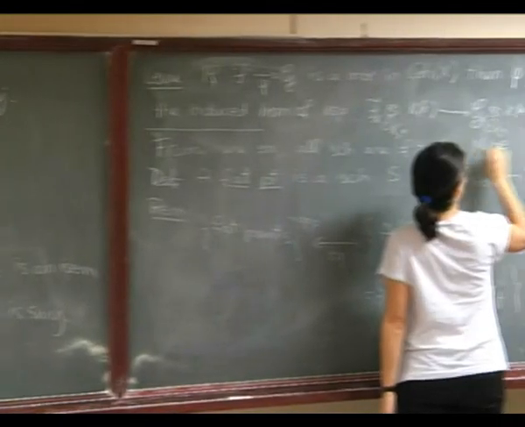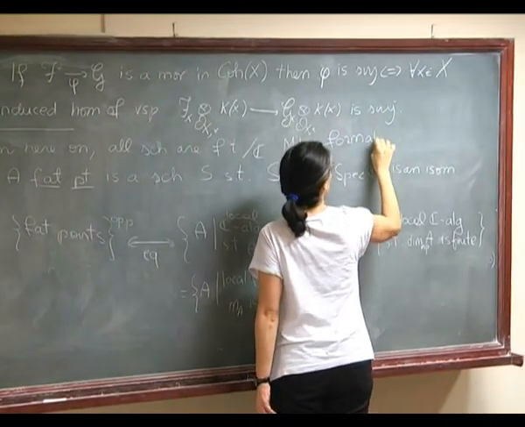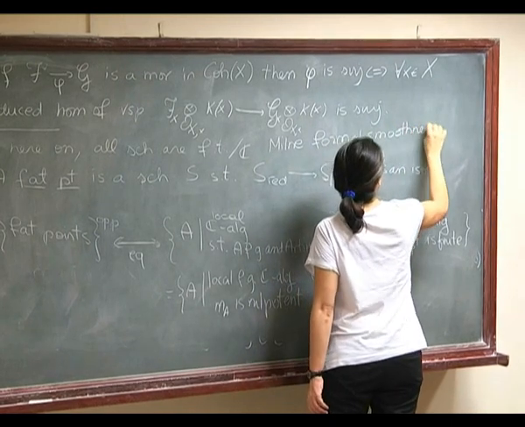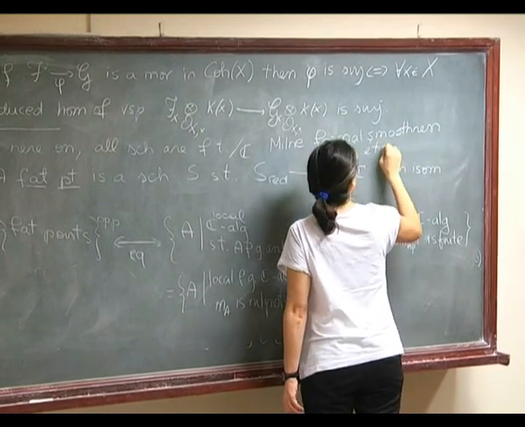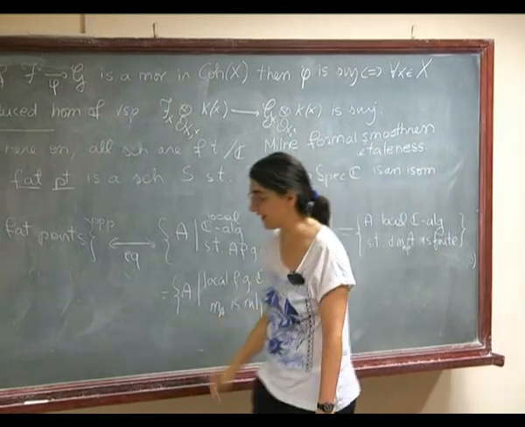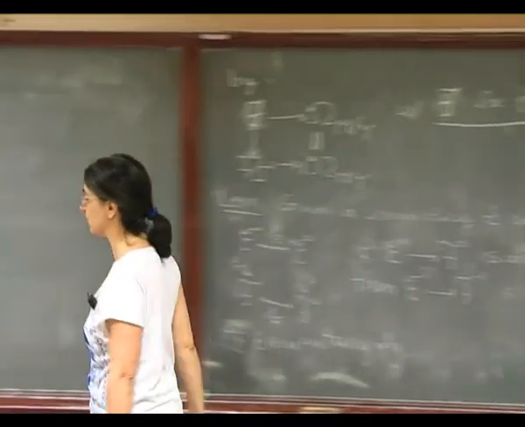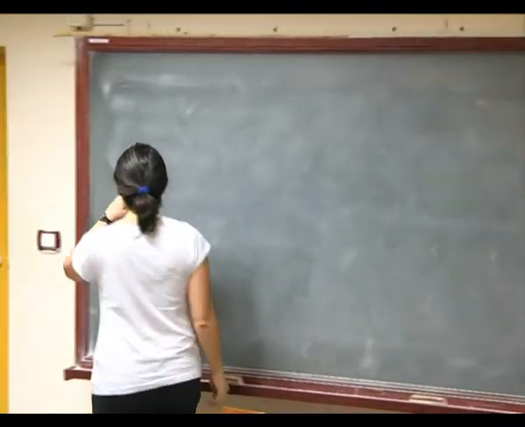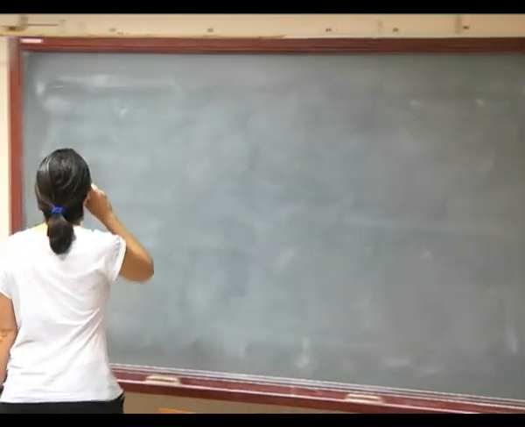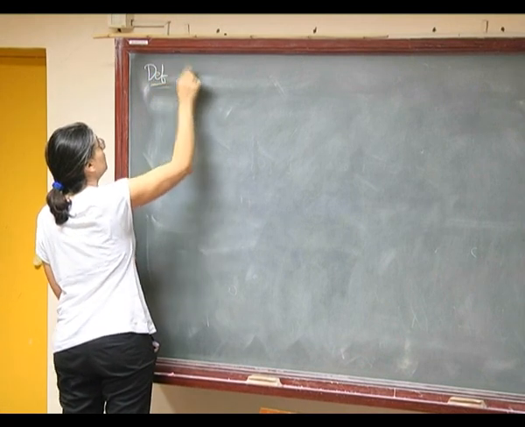There is one part where he discusses formal smoothness and formal étaleness. And the point is that in the condition where everything is of finite type over a field, formal smoothness and smoothness are the same, and the same for étaleness.